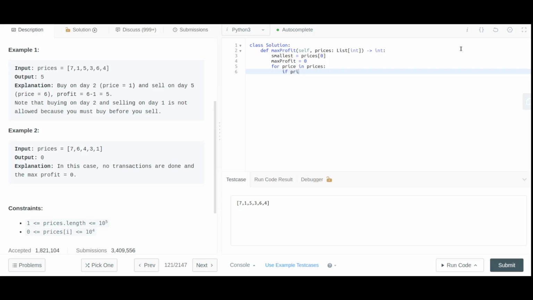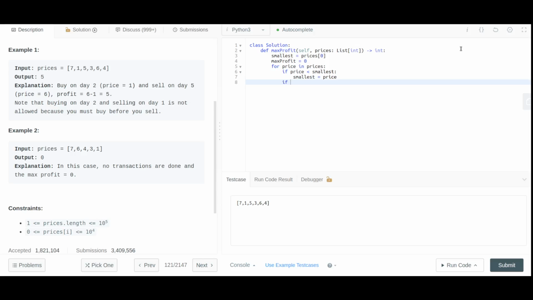If the price that we're looking at right now is less than the smallest price so far, then the smallest price equals price.